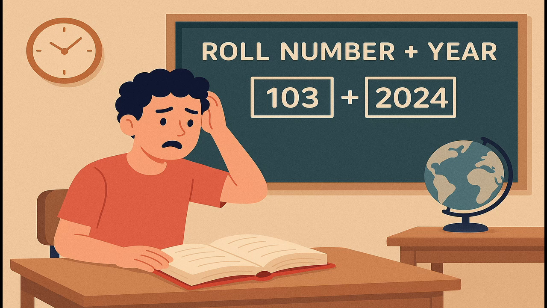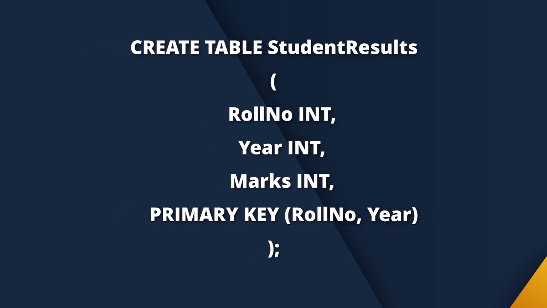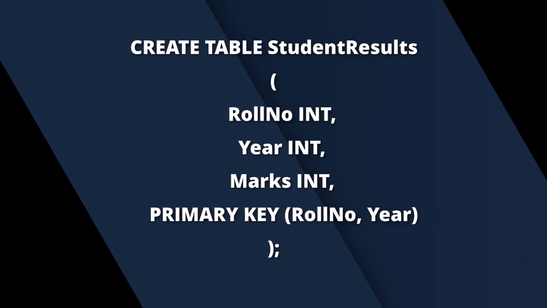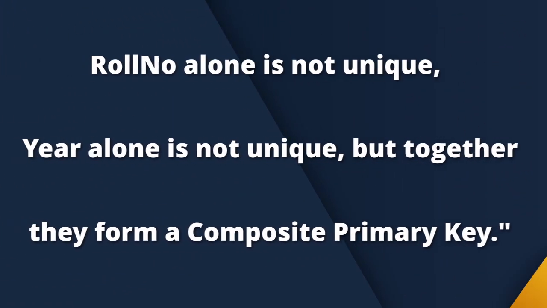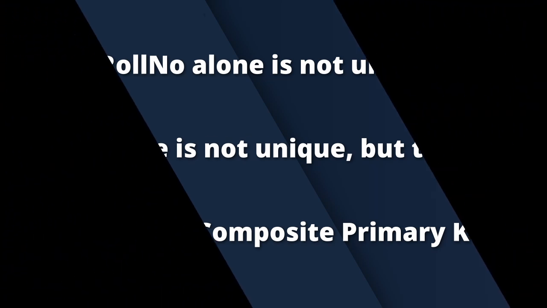In a school, a student roll number might repeat every year, but if you combine roll number plus year, it becomes unique. So, suppose I am creating a student result table with roll number, year, marks, and primary key on roll number and year. Here, the roll number alone is not unique. Year alone is not unique. But together, they form a composite primary key.